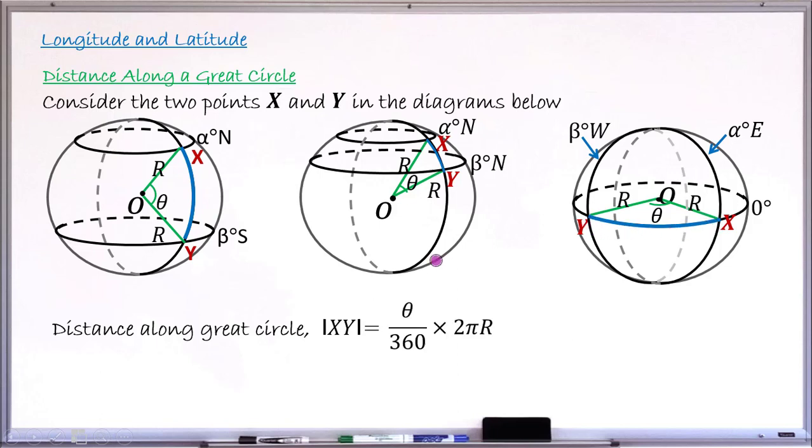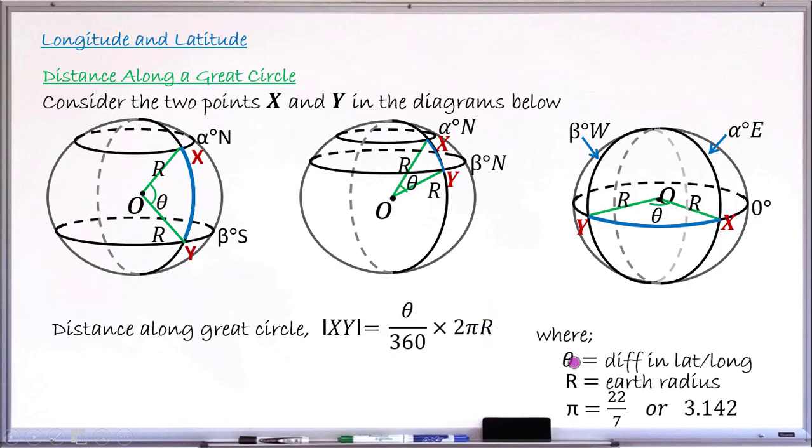So in whichever drawing, the length of the arc xy will be nothing but this formula: theta over 360 multiplied by 2 pi r, where r is the radius of that circle. And theta would be the difference in either latitude or longitude. It depends on the case.